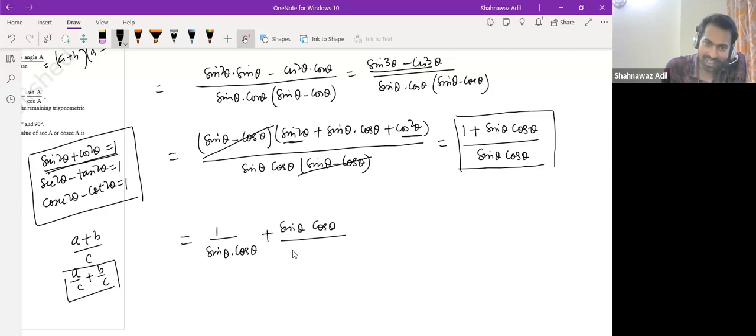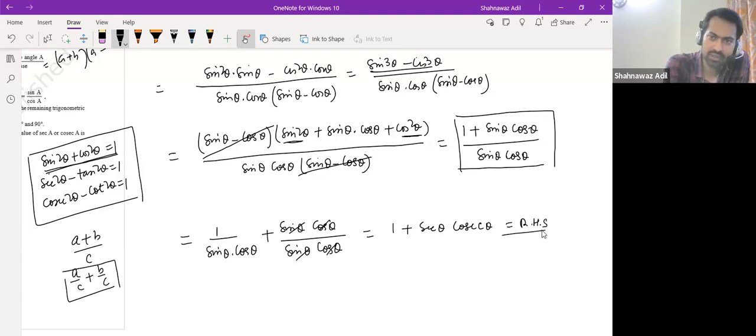Now this is Rizwan's favorite thing, so now we can cancel, right? This is cancelled, this is cancelled, and we have 1. So this is 1 by cos theta, which is sec theta, and then 1 by sine theta is cosec theta. So this is our RHS.